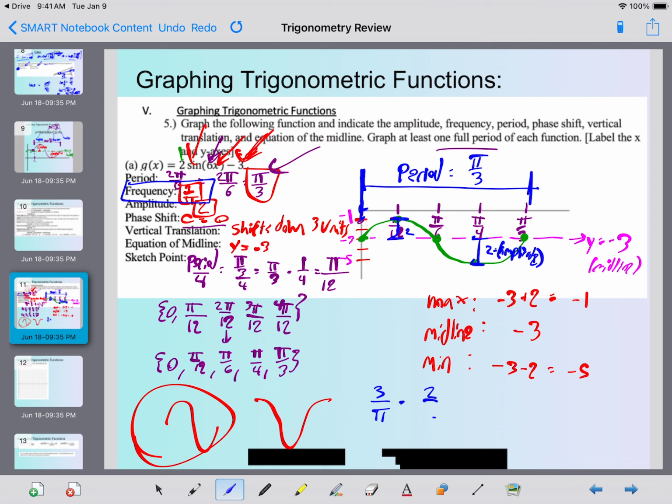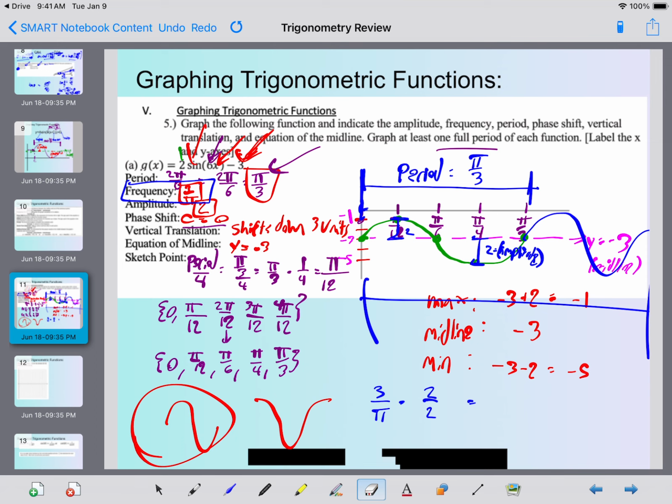You could multiply by 2 over 2. You'd get 6 over 2 pi. That means that this would occur 6 times within the basic trig function. So how a trig function would take 2 pi just to complete one full cycle, this would take 6 times within that 2 pi. That's what a frequency means, how many times it occurs, how frequent it occurs.